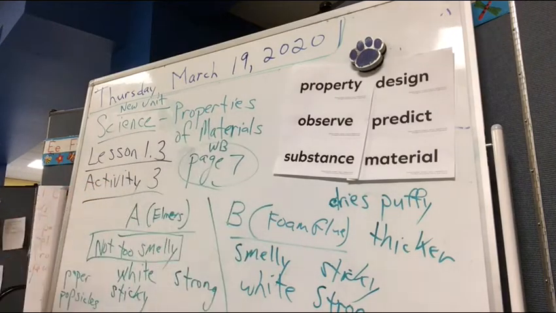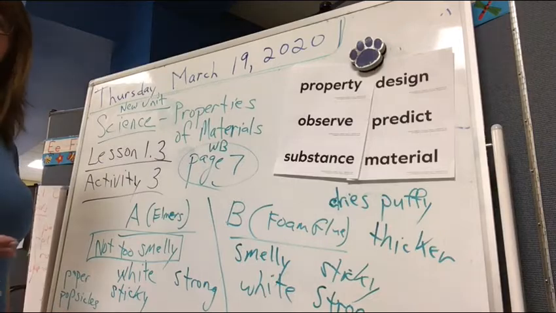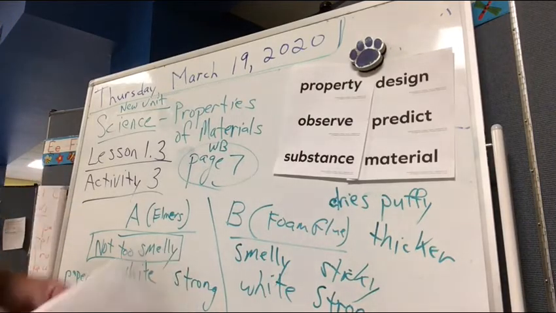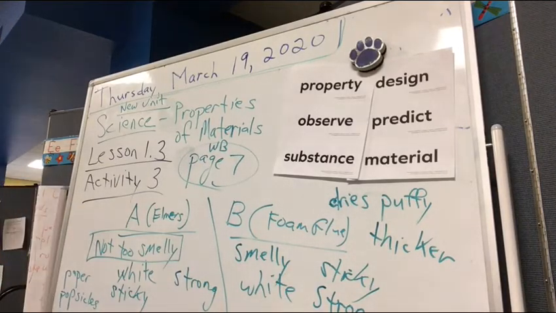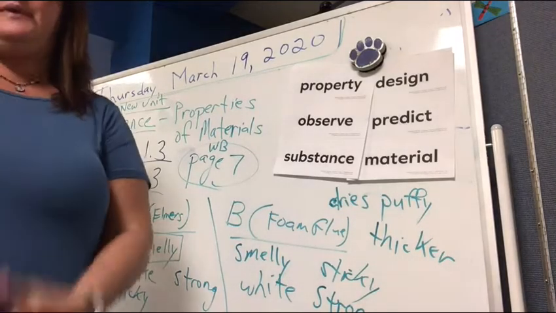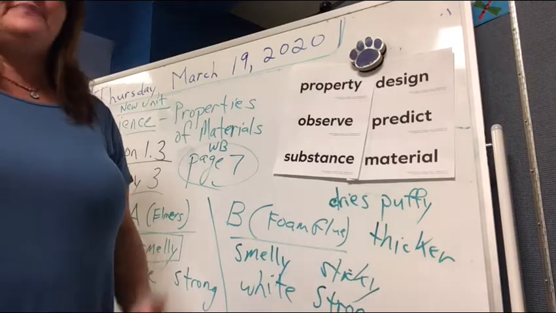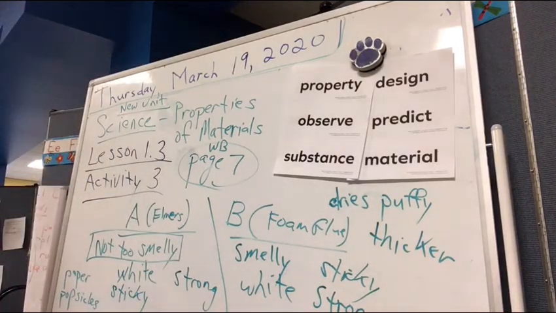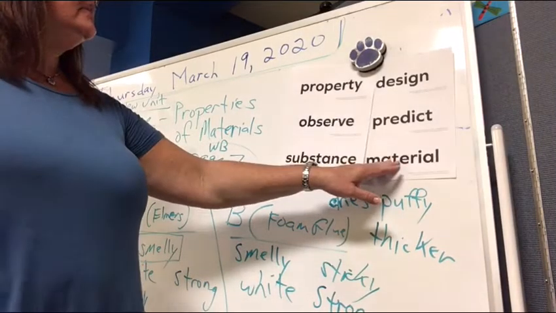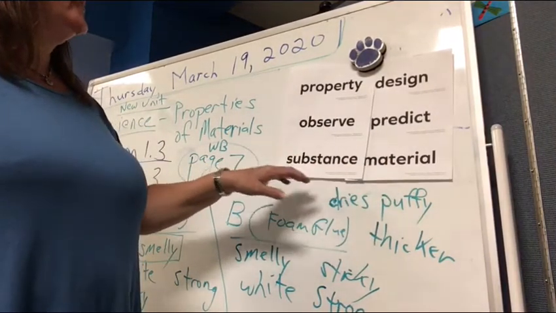So even though these are two glues, they are actually very different. I know you guys know the difference between white paper and construction paper. And then there's cardboard. There's all different types of paper. So the materials are different. The substance is different.